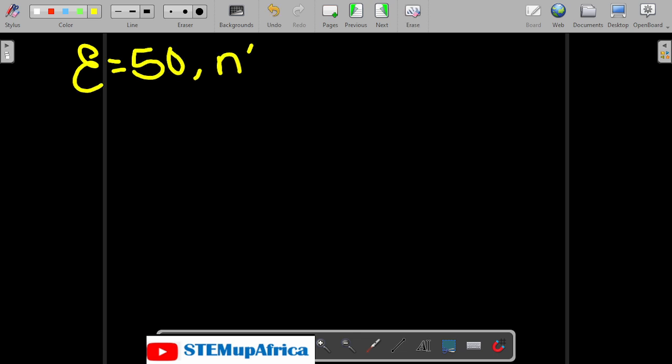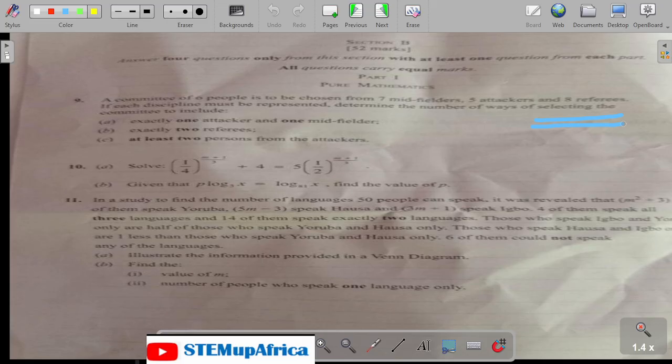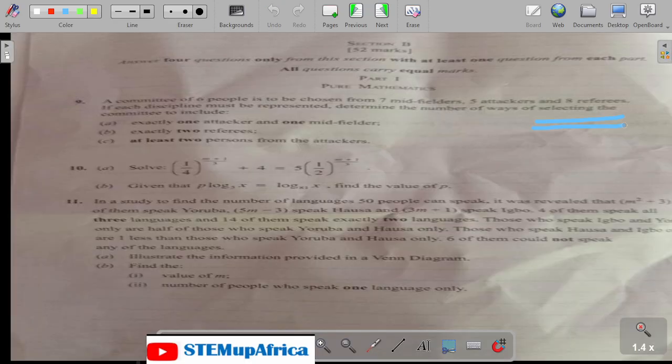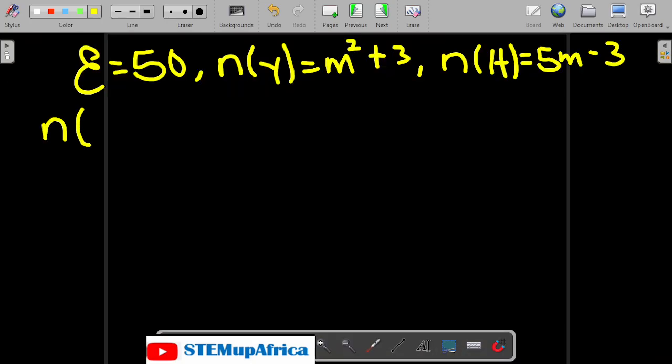It was revealed that n squared plus 3 of them speak Yoruba, 5n minus 3 speak Hausa, and n plus 1 speak Igbo. So the number that speak Yoruba is n squared plus 3, the number that speak Hausa is 5n minus 3, and the number that speak Igbo is 3n plus 1.